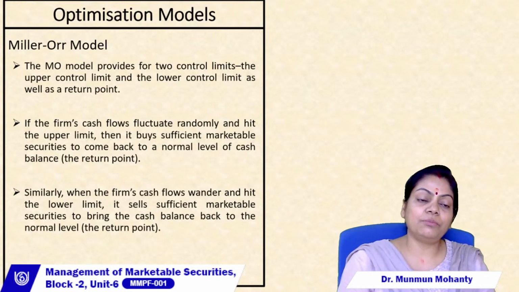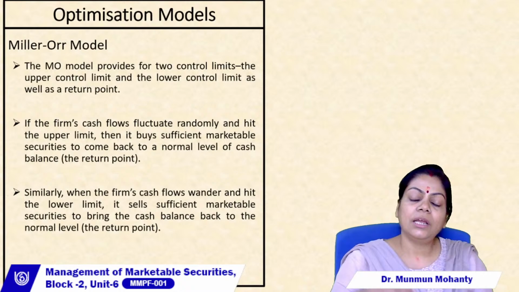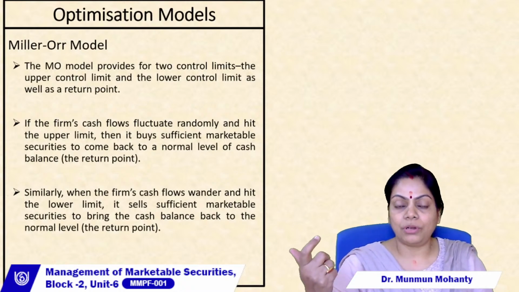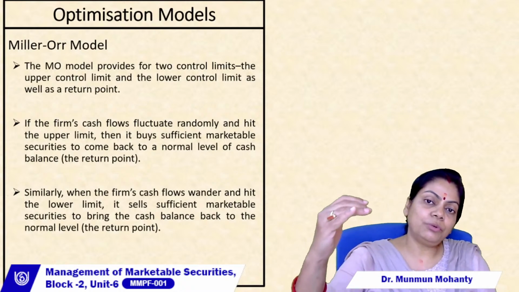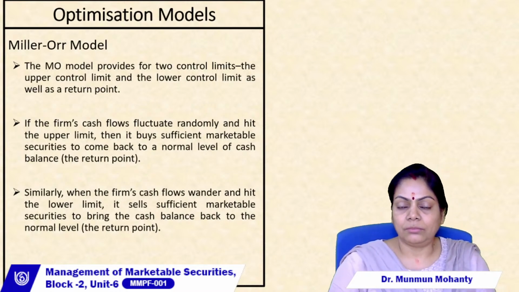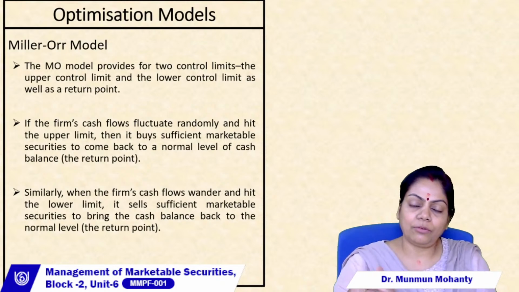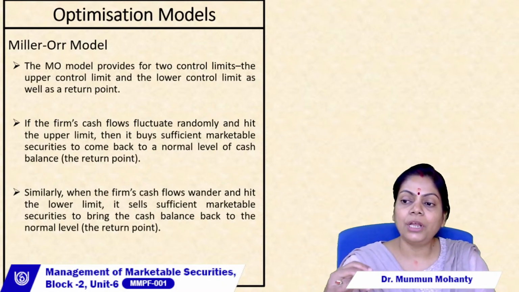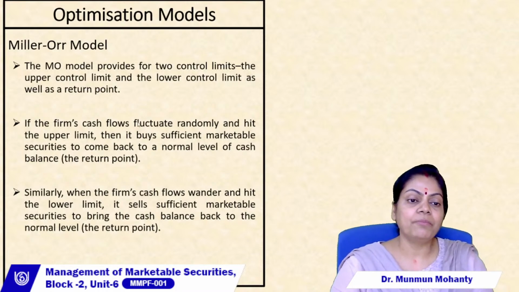So the basic essence of this model is dealing with uncertainty. Since we don't know, we talk about an upper limit and a lower limit, and also a return point, which is where we go back to when the cash balance hits a limit.